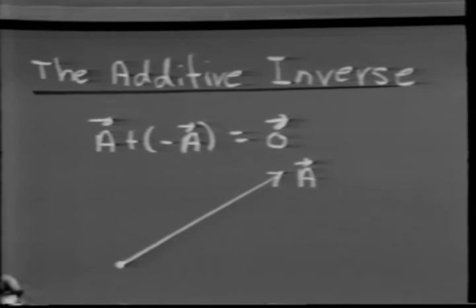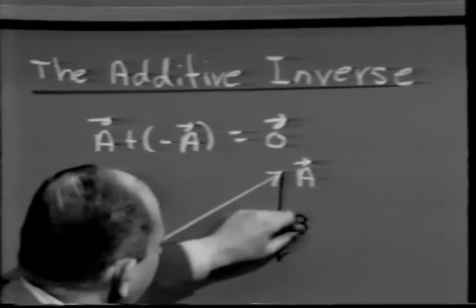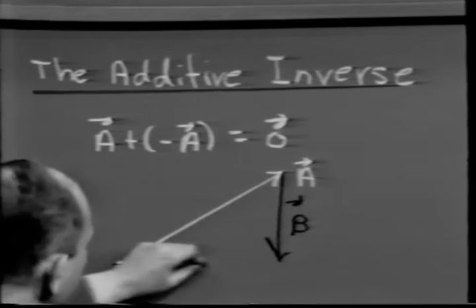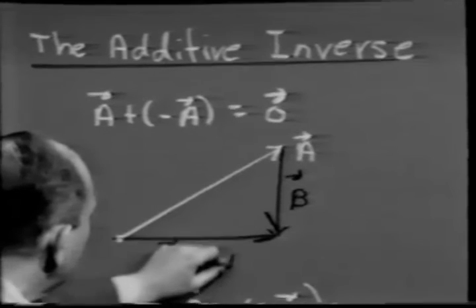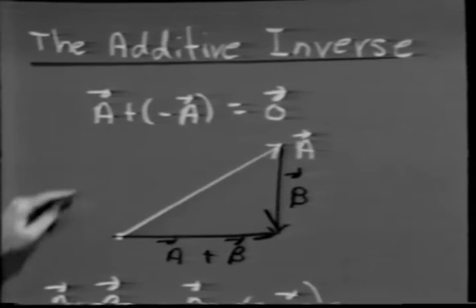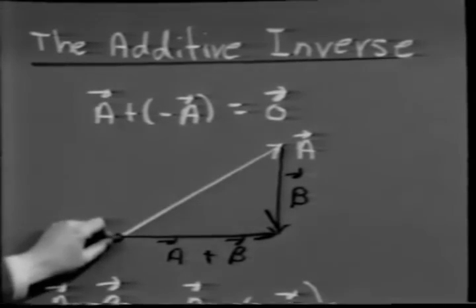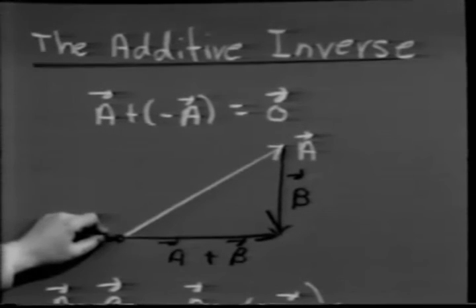Well, look at any vector that I add to a, let me call that vector b. Any vector that I add to a, which I call a plus b, looks like this. Well, what is the only way that the vector a plus b can be the 0 vector? The 0 vector has no length.